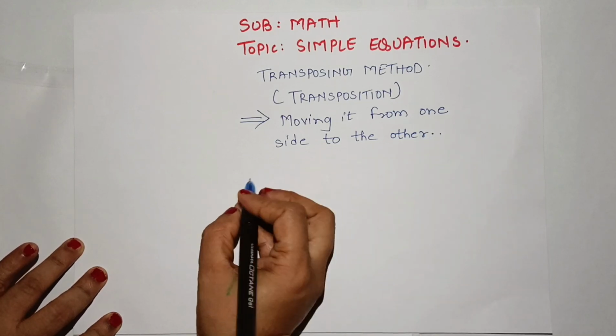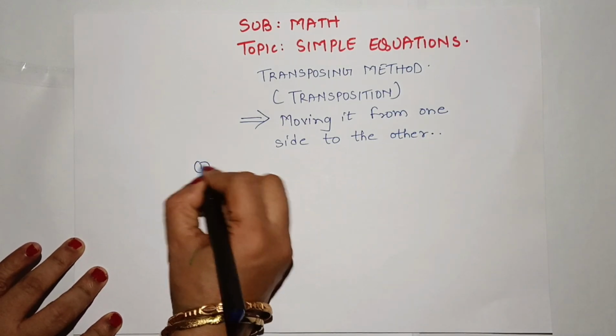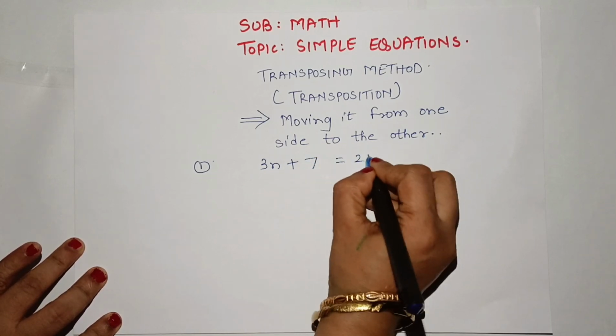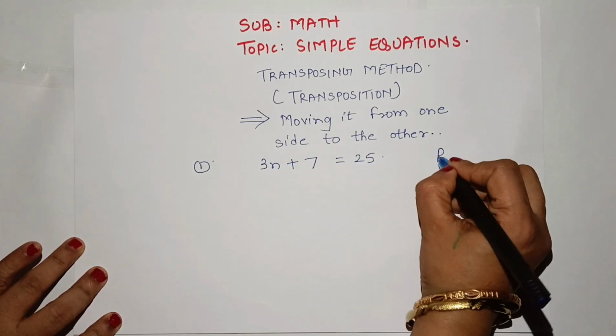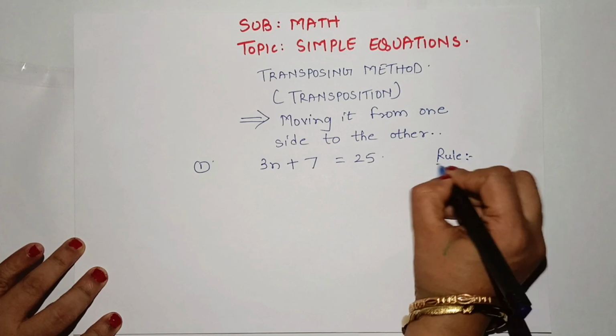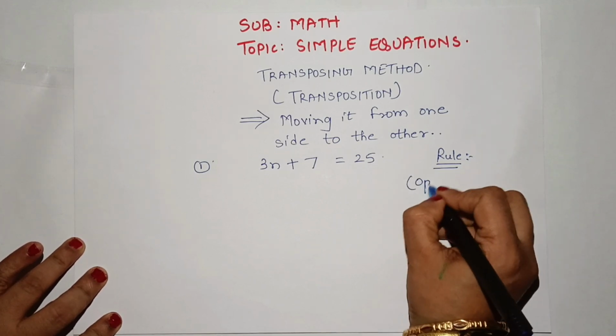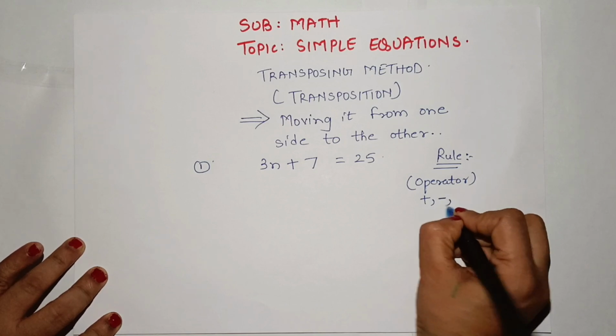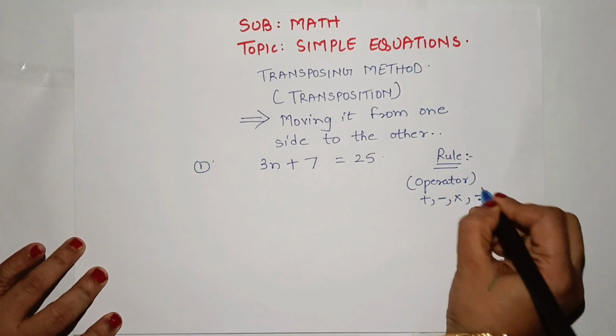It means what? Let us see one example in detail. 3n plus 7 equals 25. So note down the rule for operators. Operator sign means what? Plus, minus, multiply, divide.